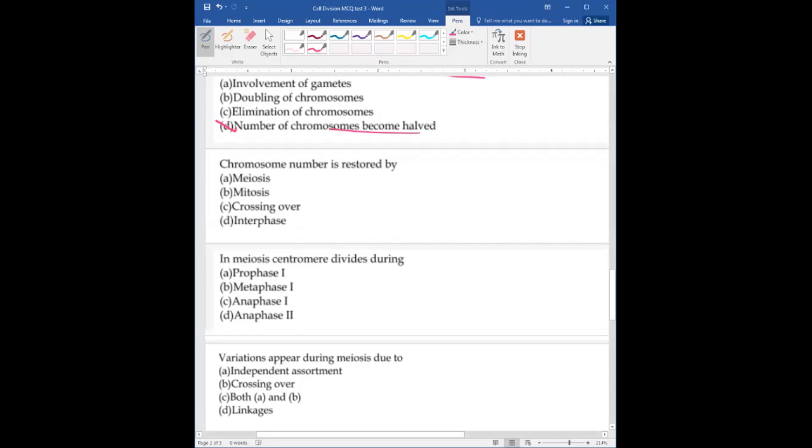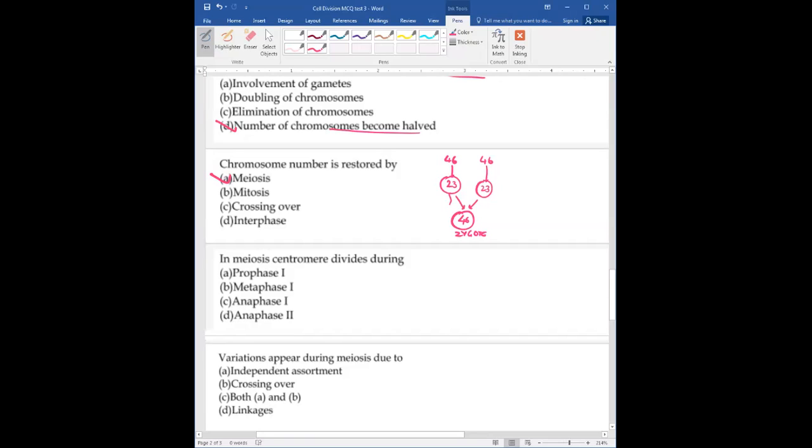Some people are still saying B. Come on, guys. This is A. Chromosome number is restored only by meiosis, because first there is reduction and then there is fertilization. See, once again, guys, we were 46. By meiosis, you get 23 in the sperms and 23 in the ovum. And when fertilization happens, you are going to get 46 in the zygote.